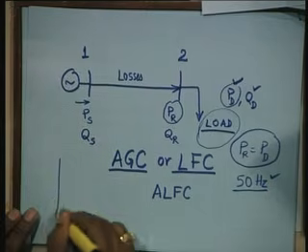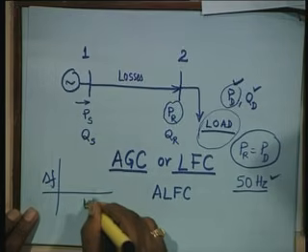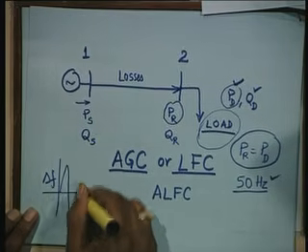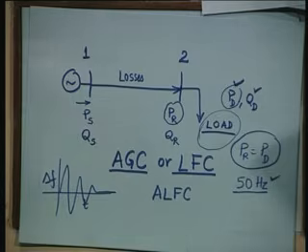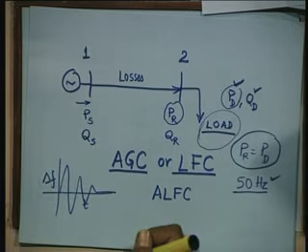So delta F versus time, deviations become 0. Here is where your control system comes in: P controller, PI controller, PID controller. In a P controller, it is not necessary that the steady state error will be 0.